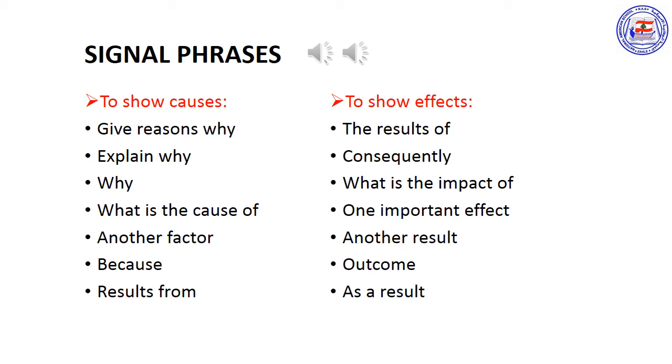To show effects, these phrases are some you may see or use: the results of, consequently, what is the impact of, one important effect, another result, outcome, or as a result.